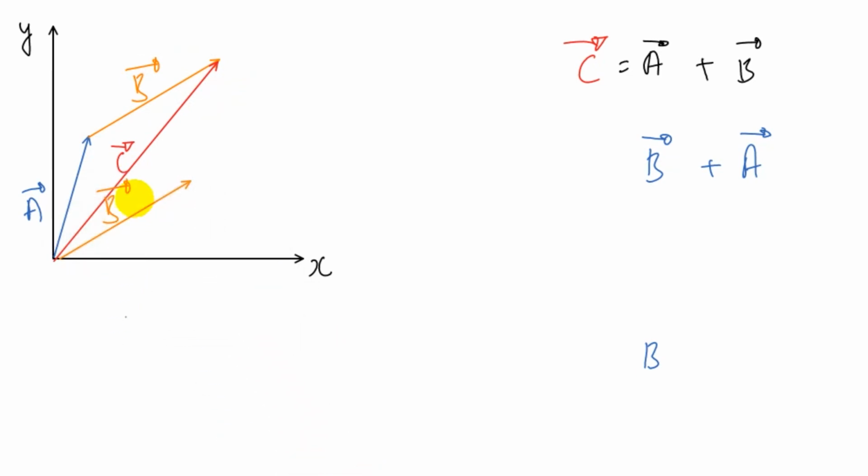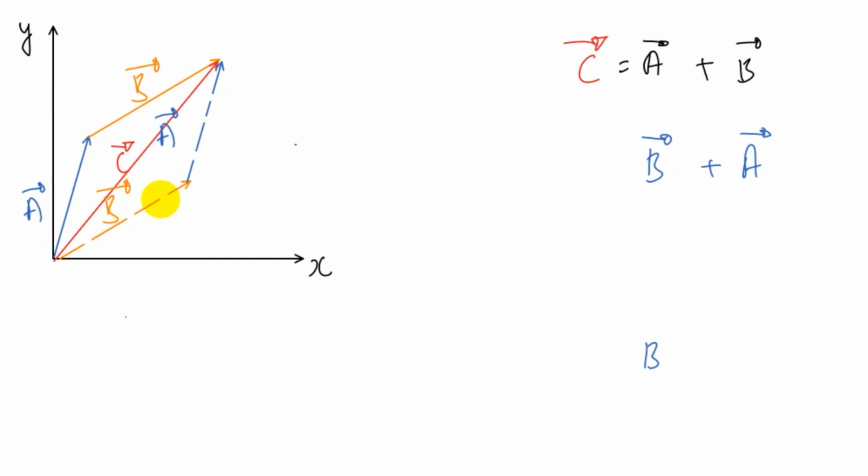So this would be vector B. Now I'm taking this vector A from here and joining it at the head of vector B. So this would be vector A. I'm making a dotted line so you don't have any confusion.